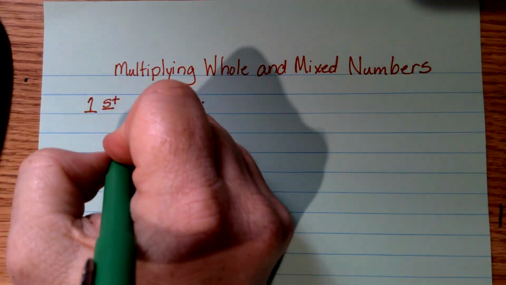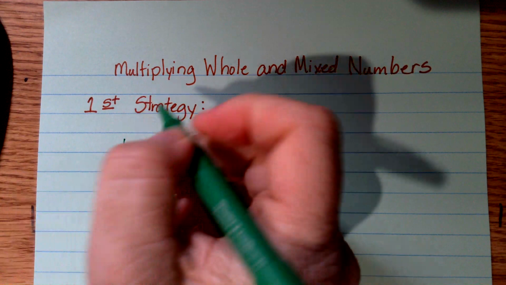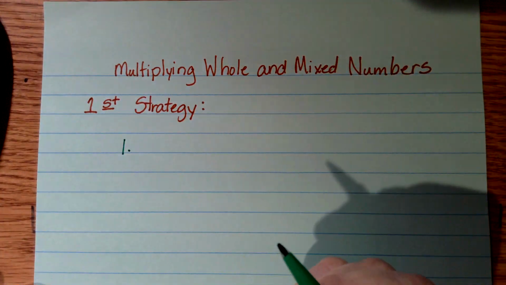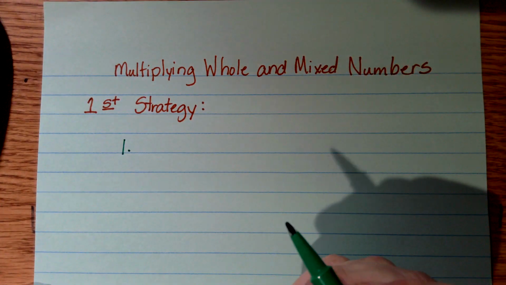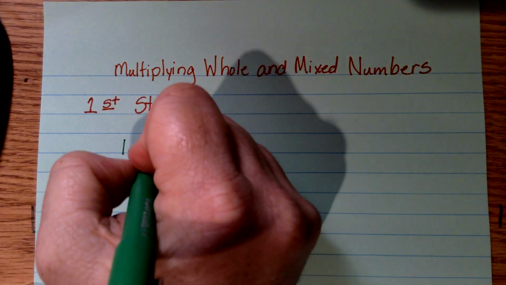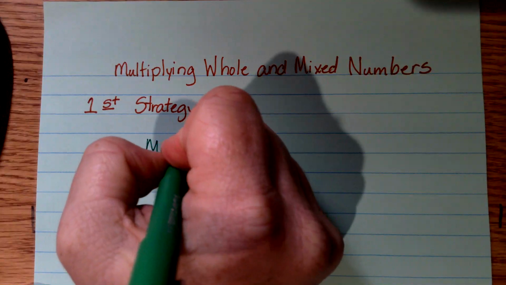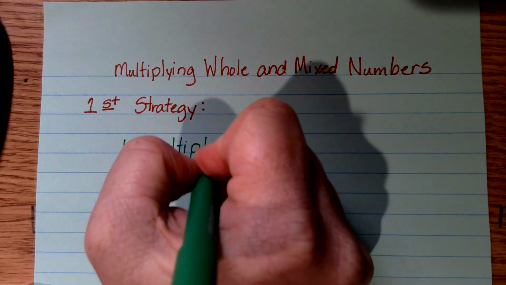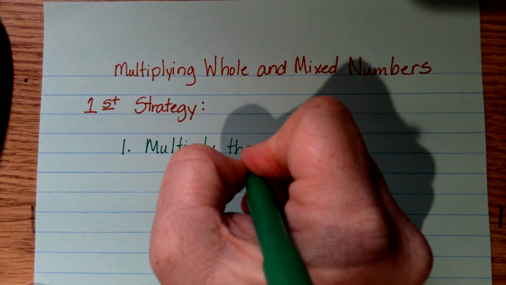Step 1 is to multiply the whole number times the whole number part of the mixed number. So multiply the whole numbers.